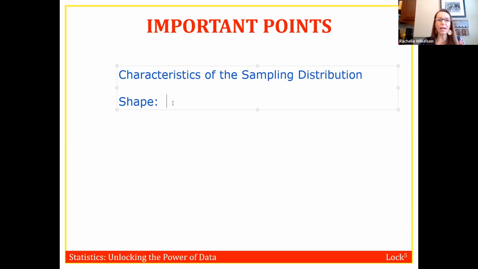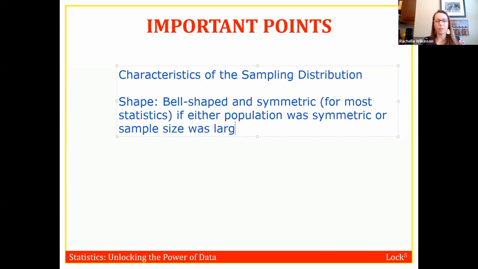And we're going to find that sampling distributions in general tend to be bell-shaped and symmetric if our population was bell-shaped or if our sample size was large. Our sample size was only 4, so it wasn't large, but our original population was symmetric, so our sampling distribution is also going to be symmetric and bell-shaped.